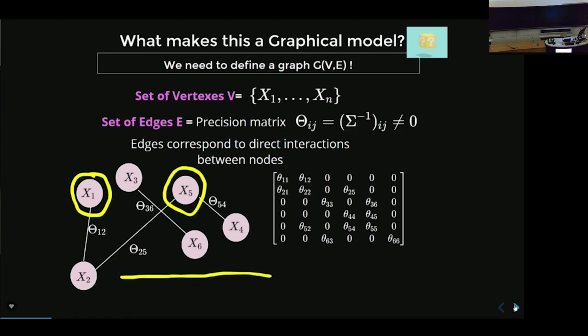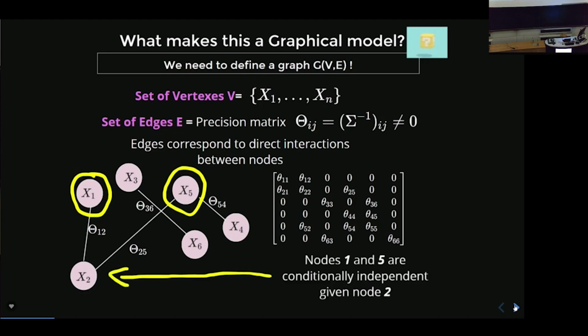They are related because they're related to X2. So if we condition on X2, they will be independent. And this is also known as the Markov property, and this is indeed a property associated to Markov random fields. There are other examples in this graph that have the same kind of conditional independence.